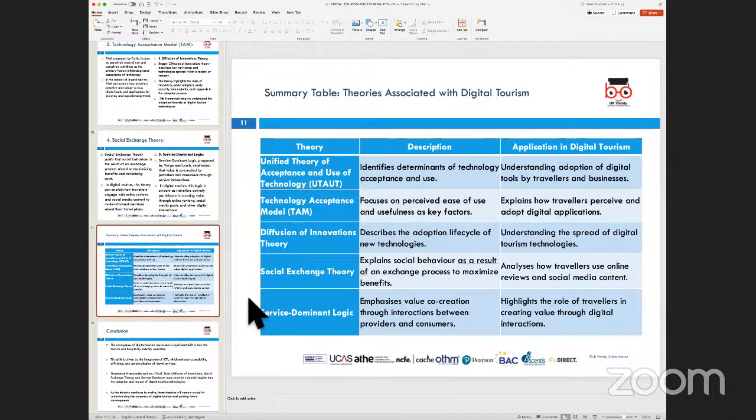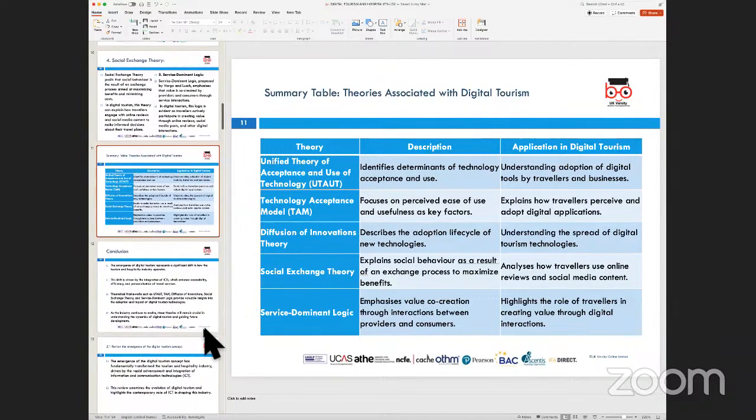So these are roughly five theories that decision makers look at when they start to make decisions to integrate technology into any sort of activity related to tourism, whether it's a tour operator, airline industry, hotel, events management company, or in general, people who are providing ancillary services within this sector. But for them, their bread and butter actually comes from this particular industry itself. Is that okay? Any questions on this?